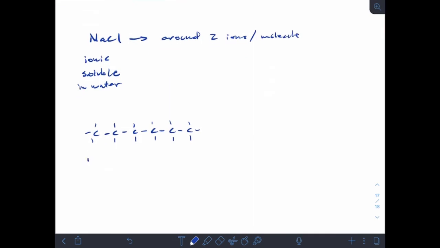So hexane, nonpolar, right? Not soluble in water, or not miscible. Okay? So it's not going to mix. So we're going to actually have a van 't Hoff factor of 0.